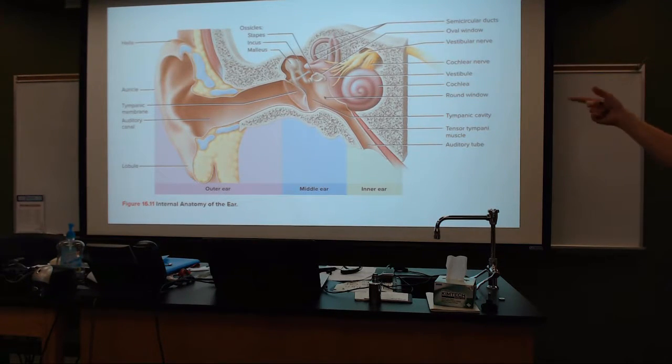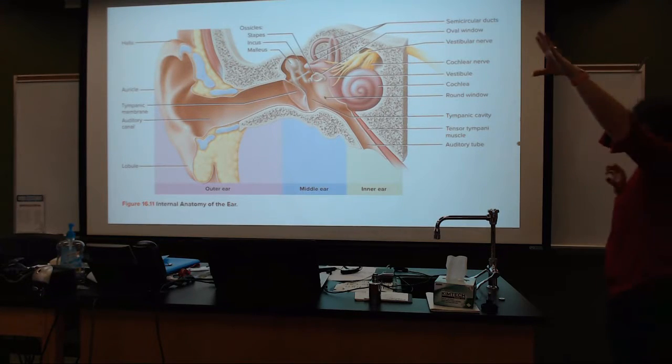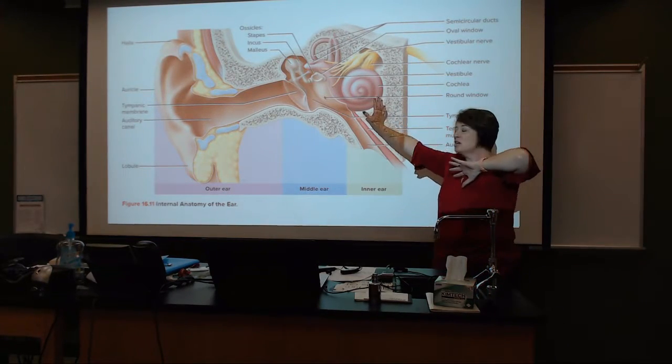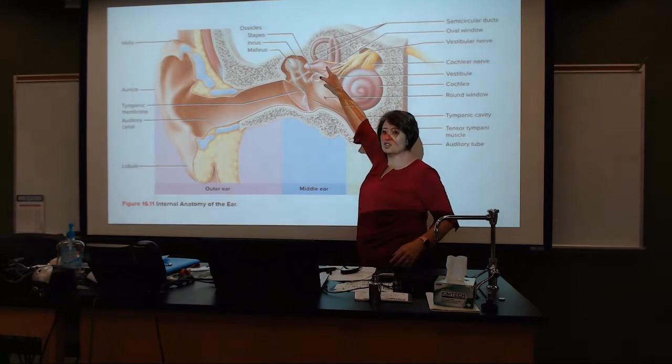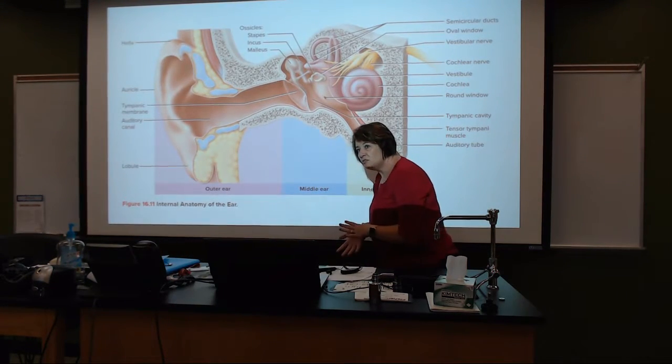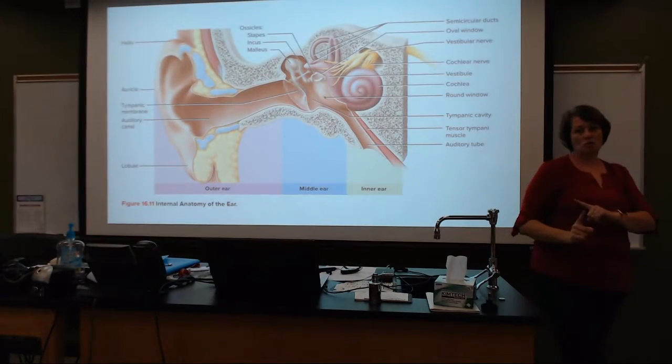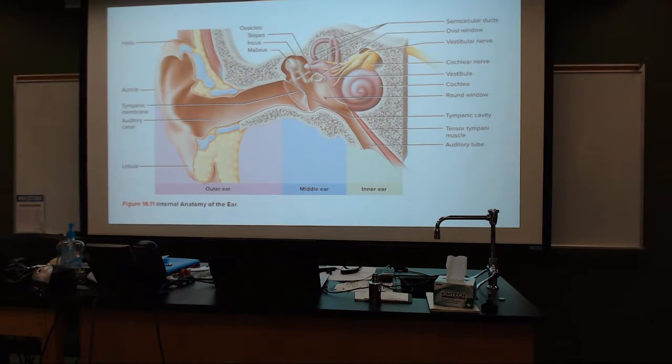If you look at these two structures, the one that looks like the snail and the one that's the circles, what do you notice about nerve fibers?